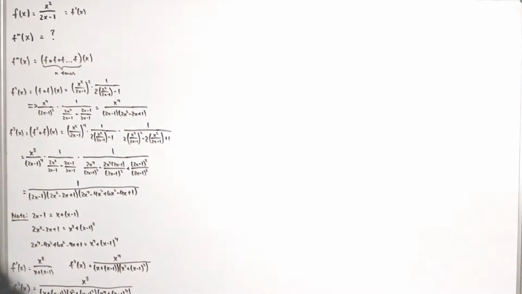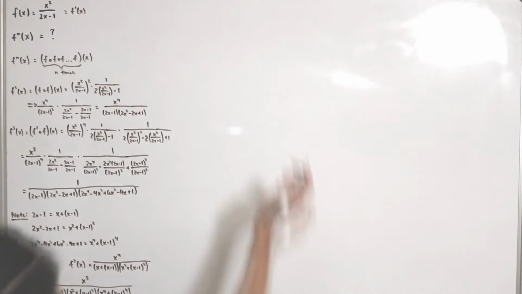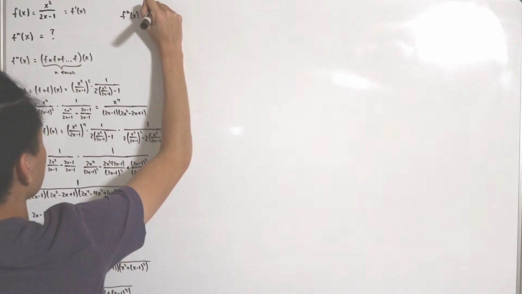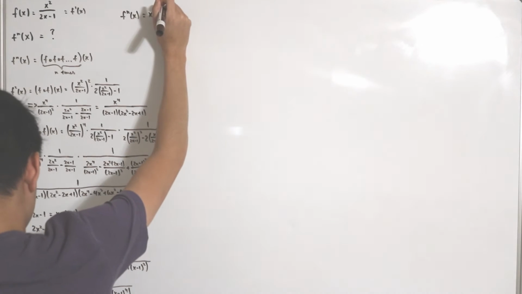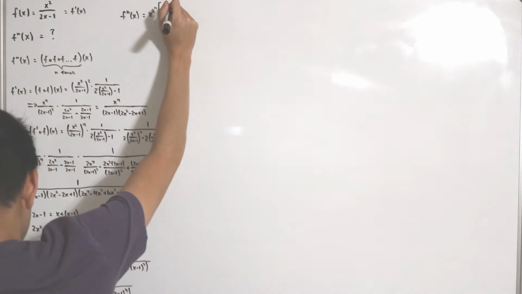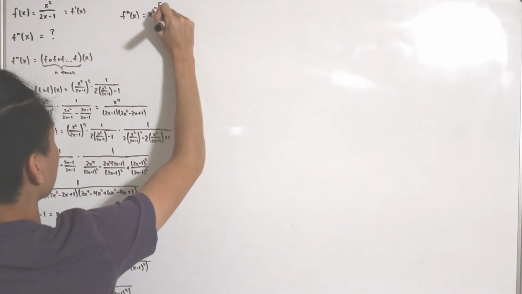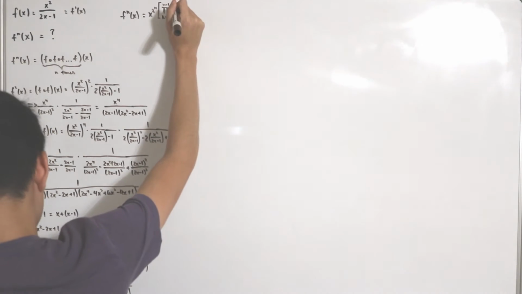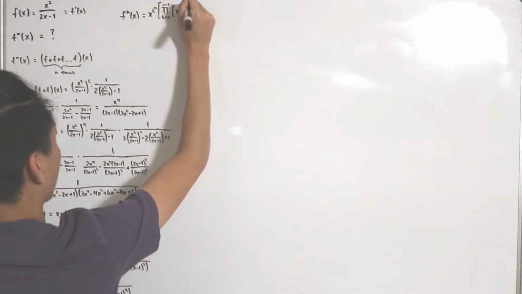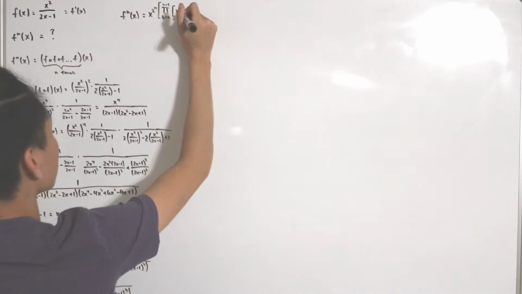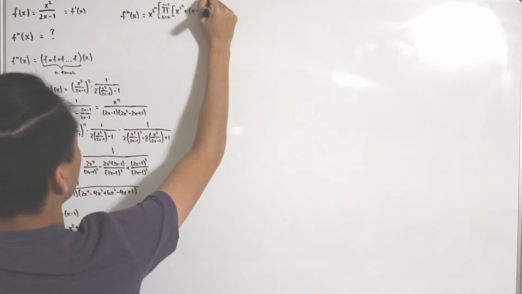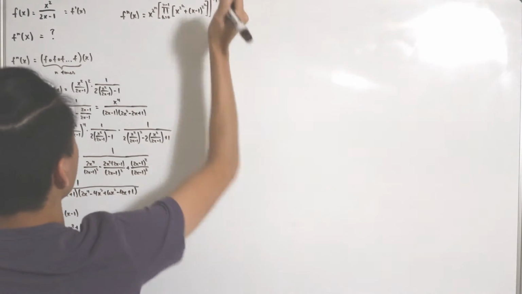So we can actually take a guess and see that, I'll write it over here, that fn of x is equal to x to the power 2 to the n, being multiplied by the product series from k equals 0 to n minus 1 of, in another bracket, x to the power 2 to the k, plus x minus 1 to the power 2 to the k, okay, and then all to the negative 1.